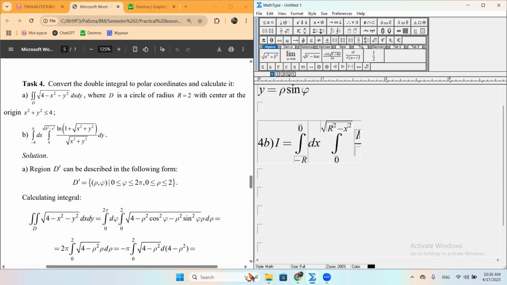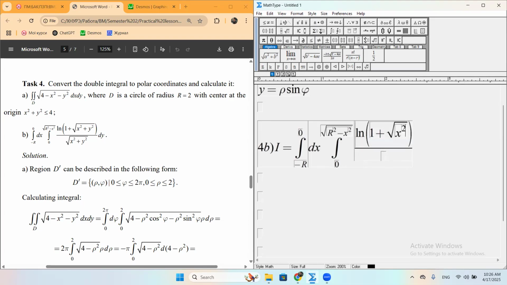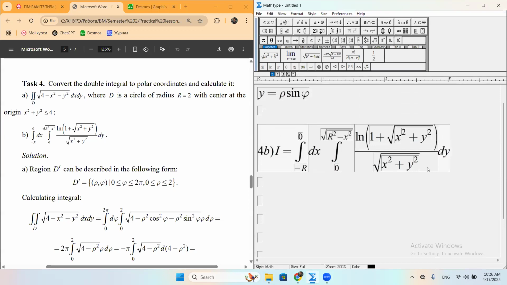And the integral is the following: logarithm of 1 plus the square root of x square plus y square, divided by this square root, dy.